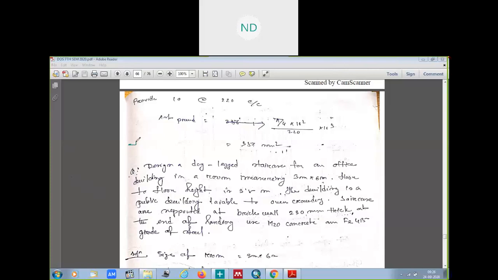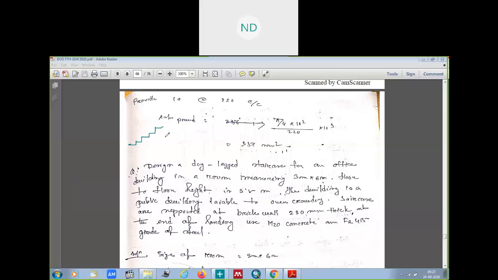In a staircase, these vertical portions are your risers, and these horizontal portions are your tread. I think you all know that.